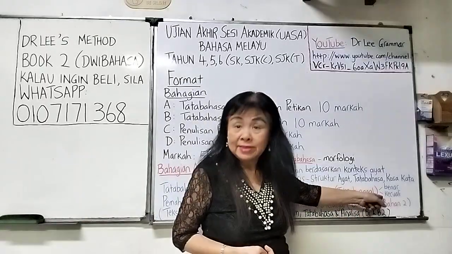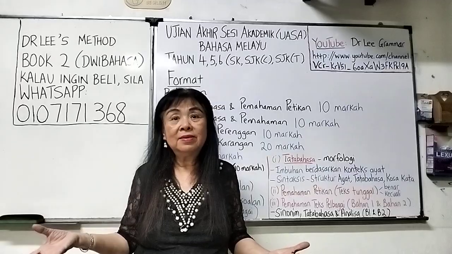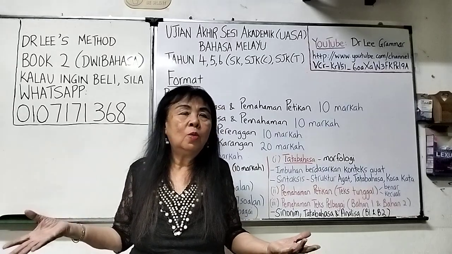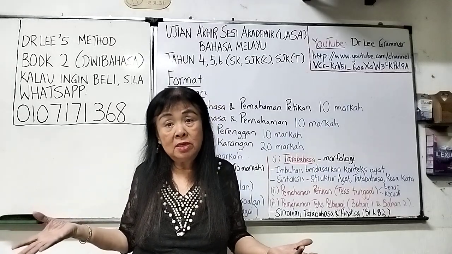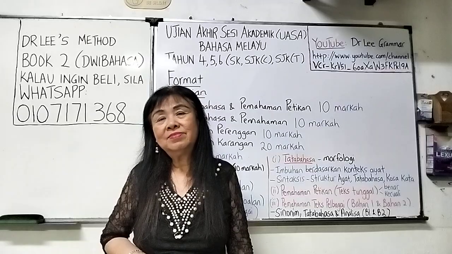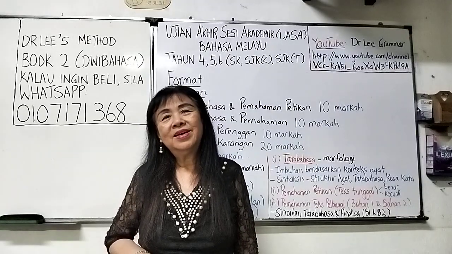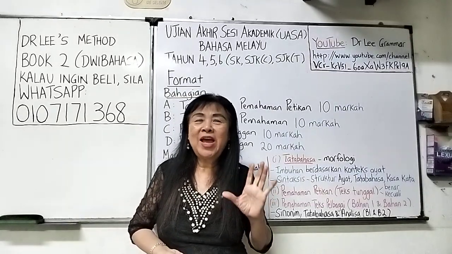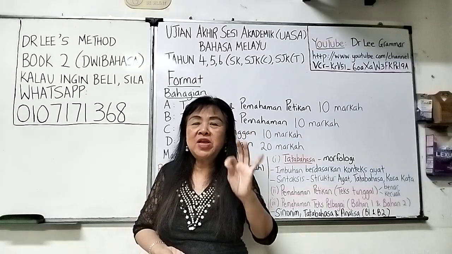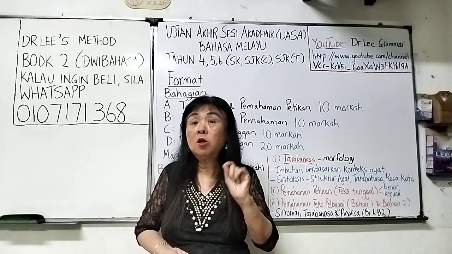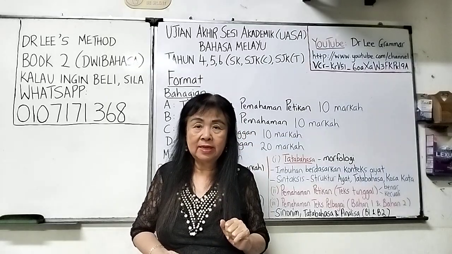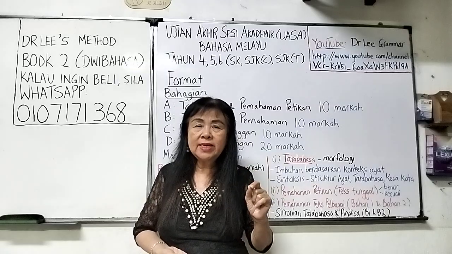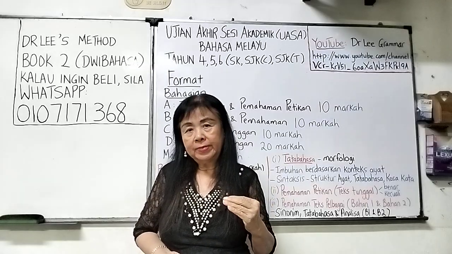And here will be 8 sentences, which is almost maybe 1/4 or 1/3 of the passage. So tell me, do you need to read? You do, yes. So this is the way to ensure that students read the whole passage and not hunt for the answers. So in other words, UASA has become more challenging.